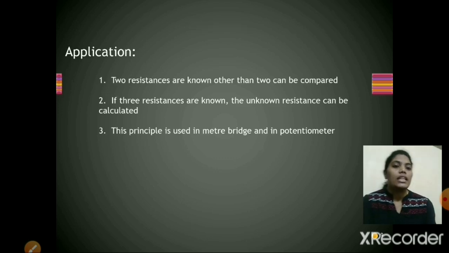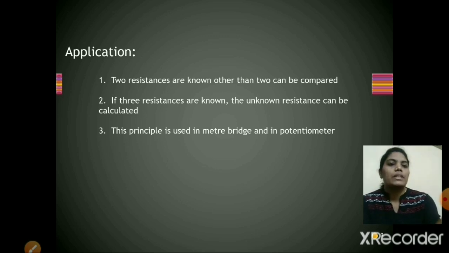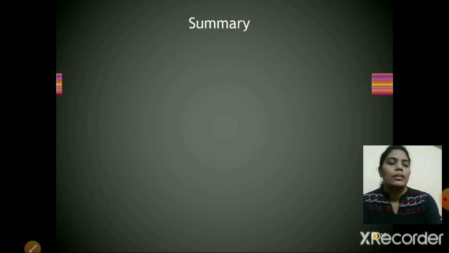Now we'll see how we can use this principle in the meter bridge. Practically, we can use this principle in the meter bridge.